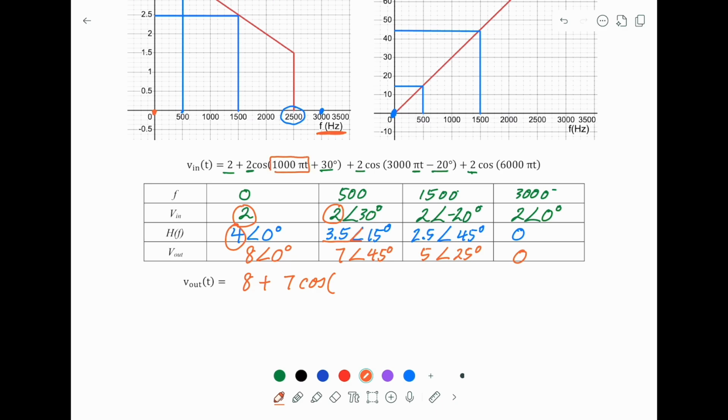This is 500 Hertz and multiply by 2 pi, so I just keep 1000 pi t plus this time the phase changed from 30 to 45, plus the same 5 cosine 3000 pi t plus 25 degrees.